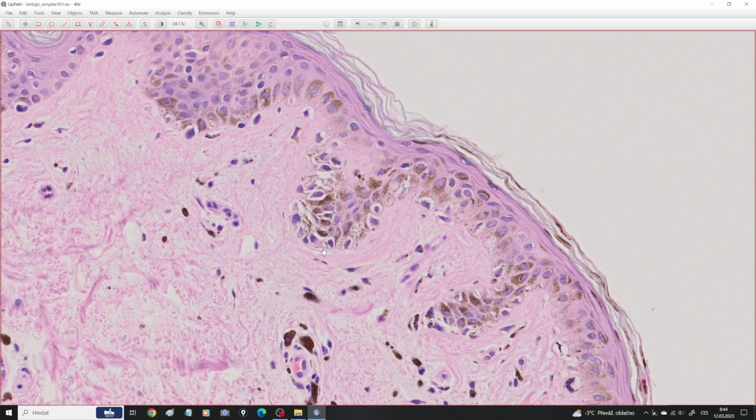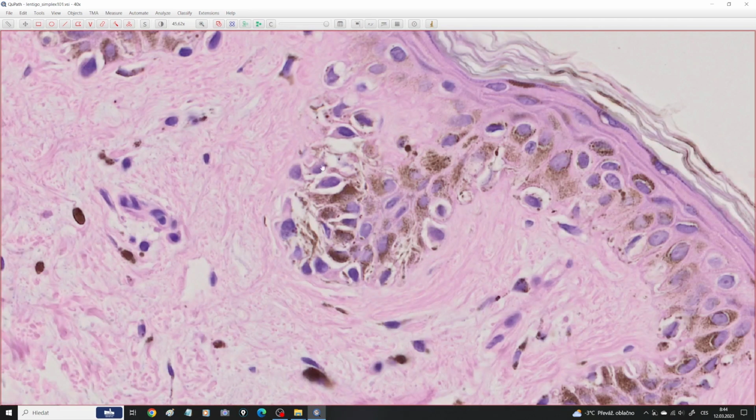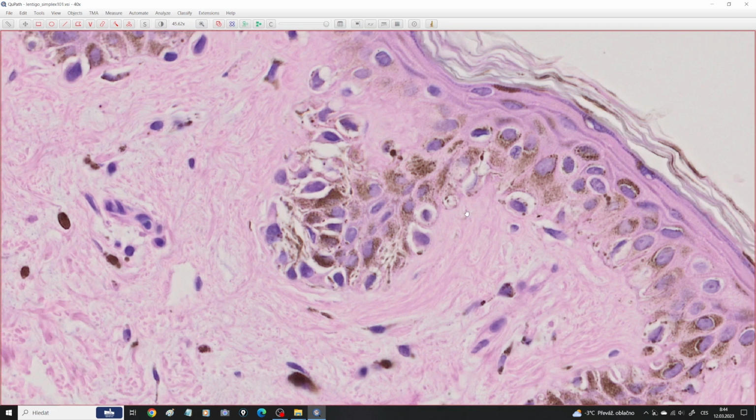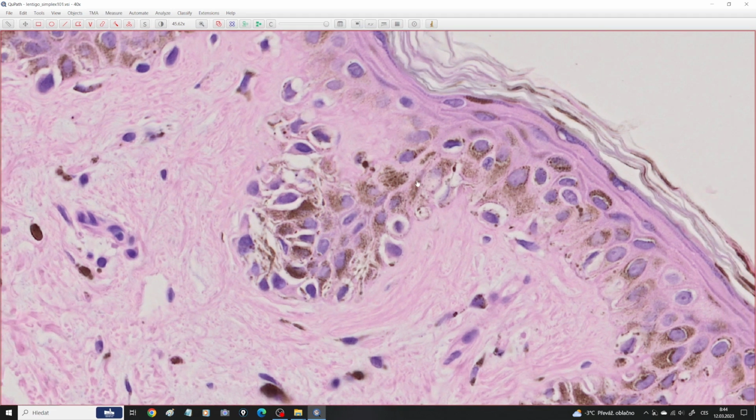If the melanocyte is situated in the epidermis, it's pale. So all those pale cells with a pale, almost empty-looking cytoplasm, those are melanocytes. And also you can see that there is some sort of hyperpigmentation of the surrounding keratinocytes, especially in the basal layer of the epidermis. So these are hyperpigmented keratinocytes, but those pale cells, those are melanocytes.